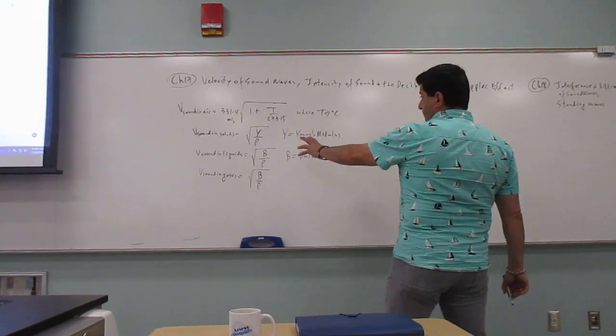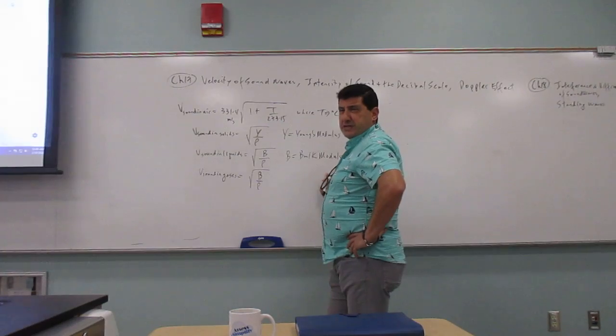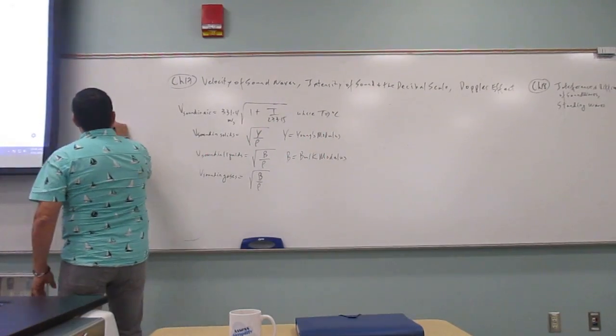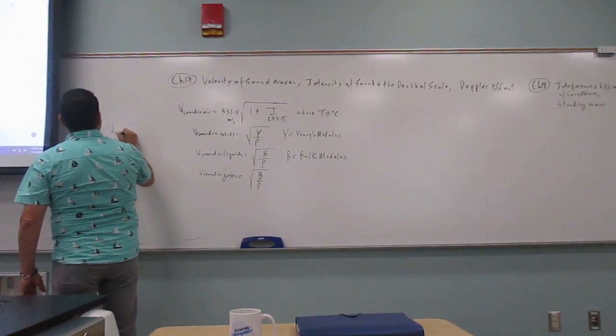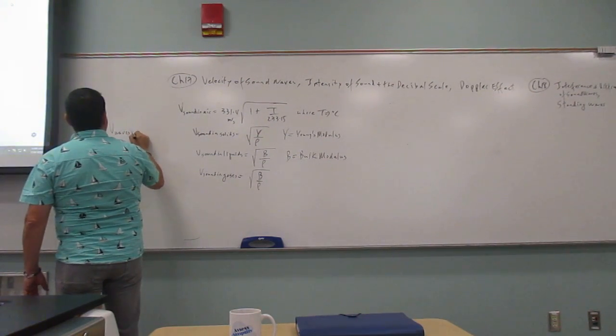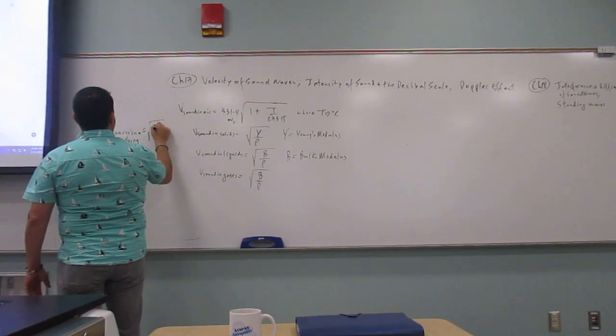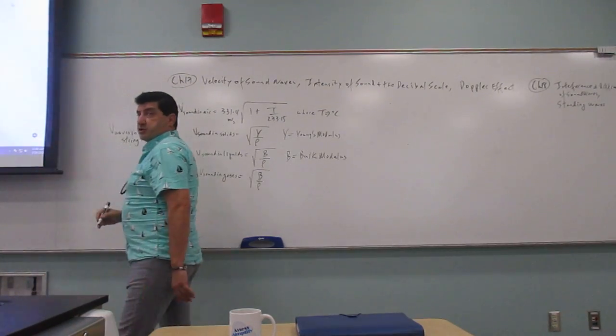And both of these equations resemble the equation that we've already seen in chapter 16 for velocity of waves in a string. Velocity of waves in a string is equal to the square root of the tension of the string over the mass density of the string.